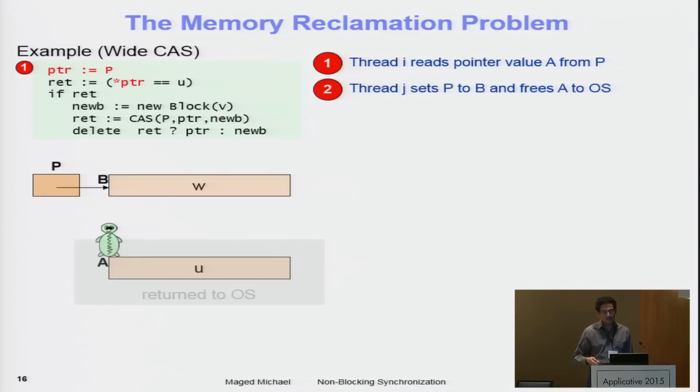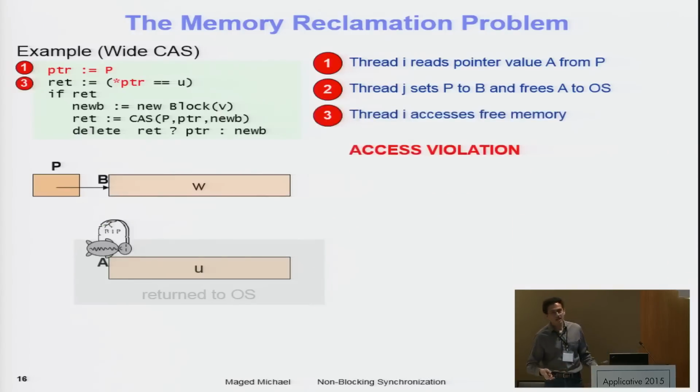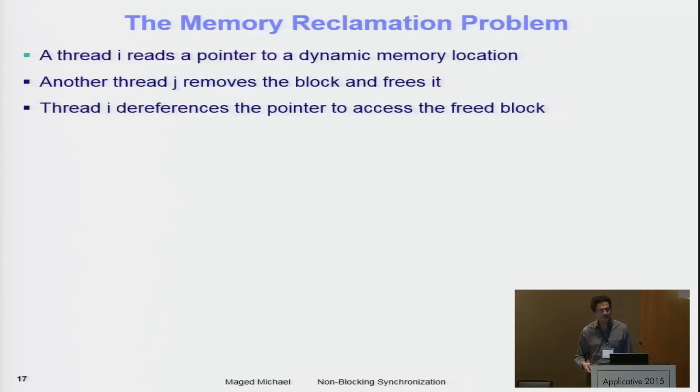Now thread I wakes up, and the next step for it is to dereference or read the contents of block A. What will happen? It will have an access violation and crash. So basically, the memory reclamation problem is that we have a thread that reads a pointer to a dynamic memory location or dynamic block.